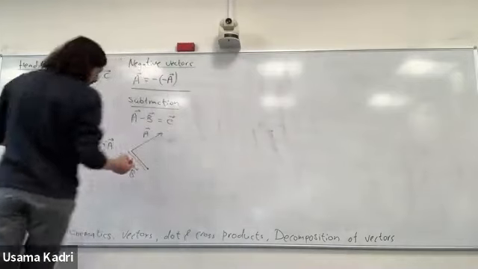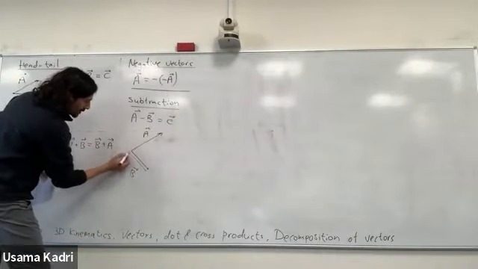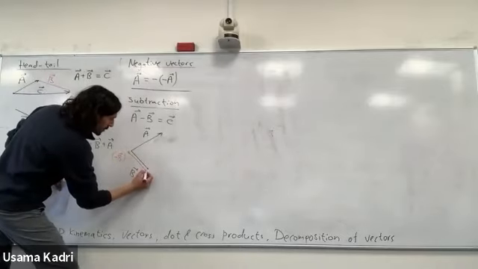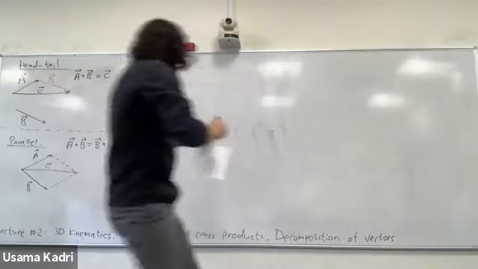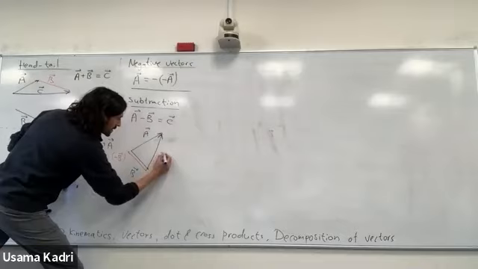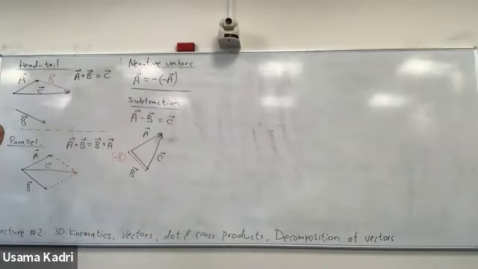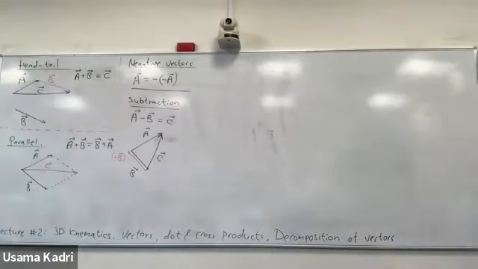We put this on the tail of one on the head of the other, and then we connect. So the result is, to be consistent, let's do it. Blue is C. Okay, that's the easy part.